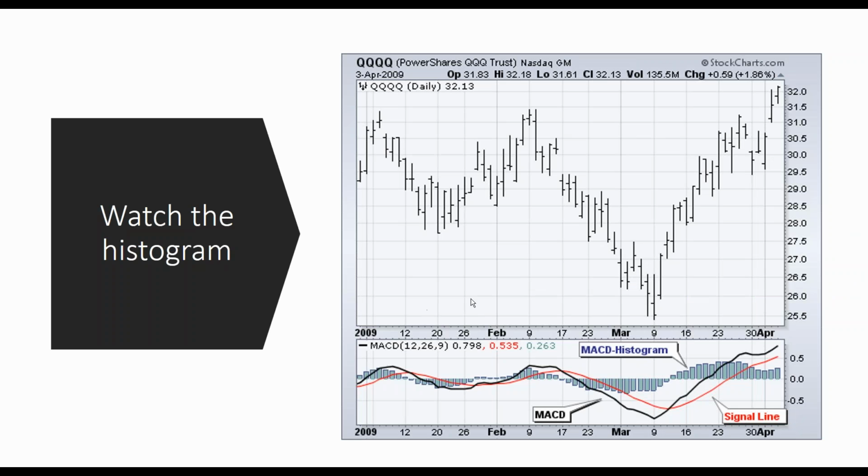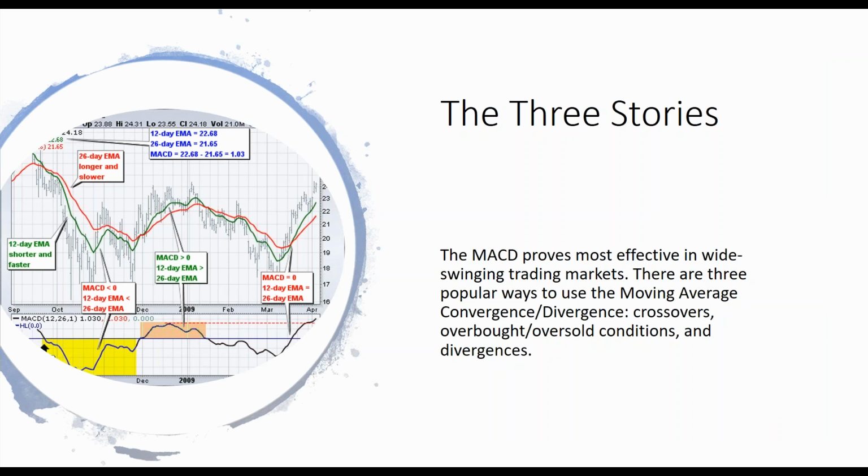So you can also see here the relationship from the histogram. Okay, again, it was at zero at the cross, and it rose as the MACD line got higher than the signal line. So more experienced traders simply look at the histogram.